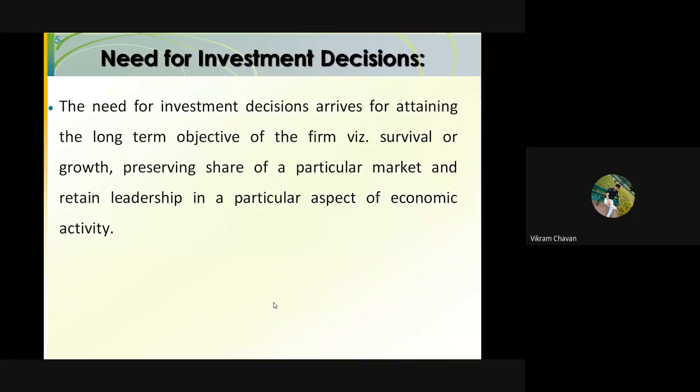Please mention in the chat box. Okay. Please note down the point: need of investment decision.